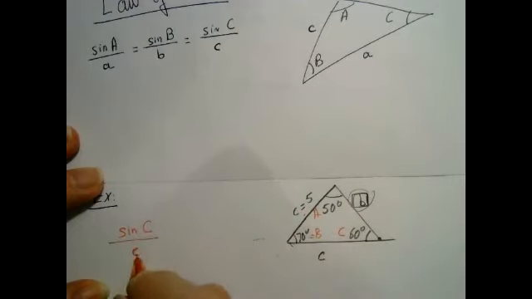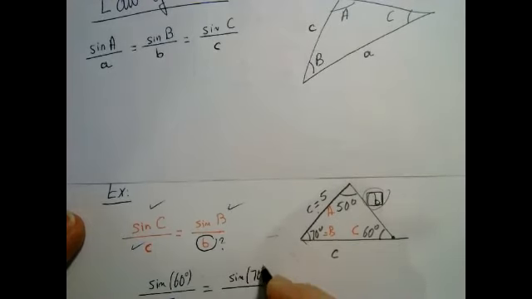So now let us write this down in this problem. It means that sine of 60 divided by c, which is 5, is equal to the sine of B, which is 70, divided by little b.